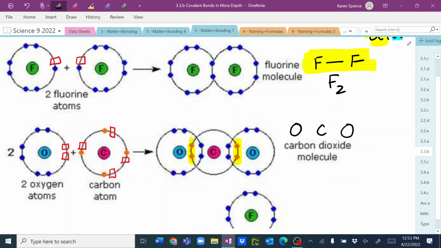Chat with your partner. What should I draw in between the O and the C? Anyone? 2 lines. And the same thing over here, 2 lines. So that is a double covalent bond.